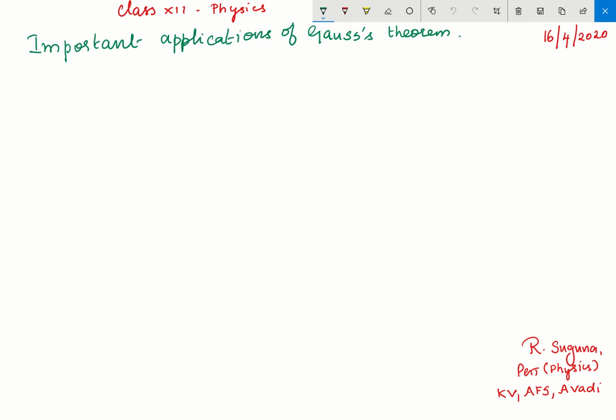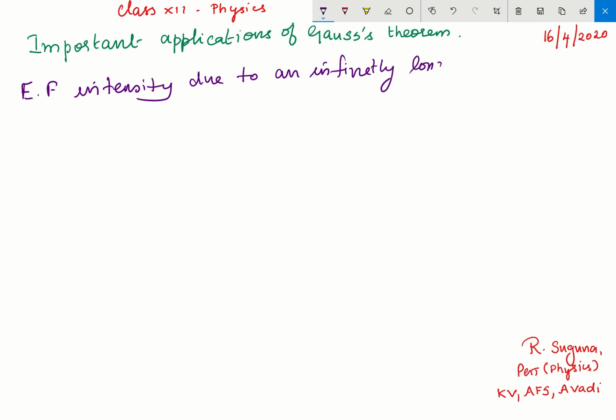Okay, so today's topic is important applications of Gauss theorem. Under this, we are going to see electric field intensity due to an infinitely long straight uniformly charged wire.